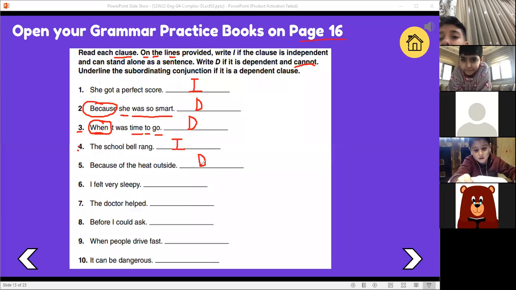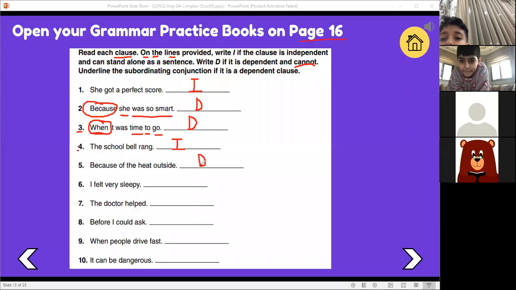These two can go along. Yes, bravo. I can join them together and get a complex sentence. Nice. Also, when people drive fast, it can be dangerous. Numbers 9 and 10. Nice observation, both of you. Excellent. You will make good detectives.